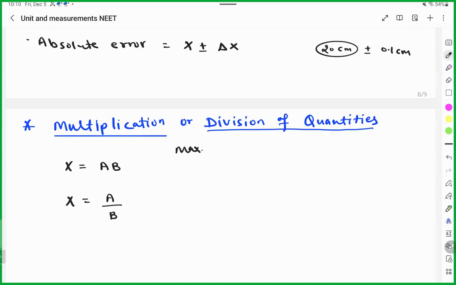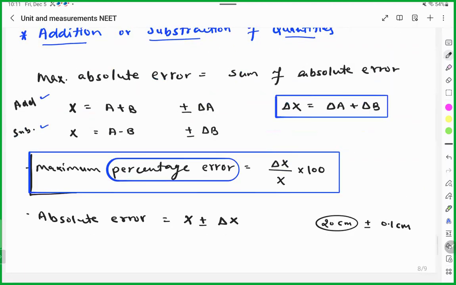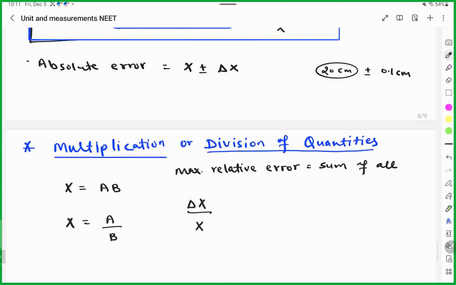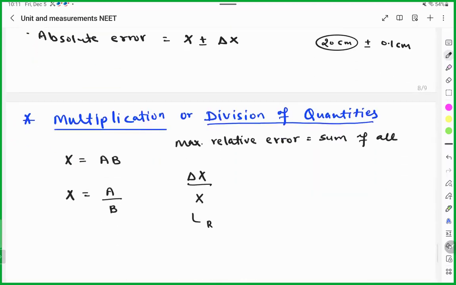Remember, here we are not talking about the absolute error. We are talking about the relative error. So the maximum relative error will again be the sum. For example, take the relative error delta x with respect to x. Remember, last time we were taking the absolute value, but here we are taking the relative value.